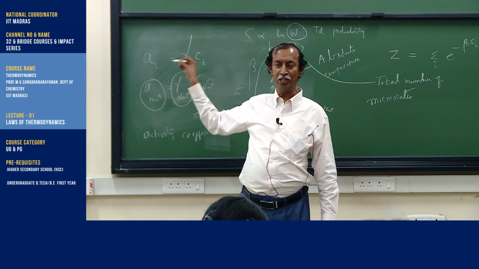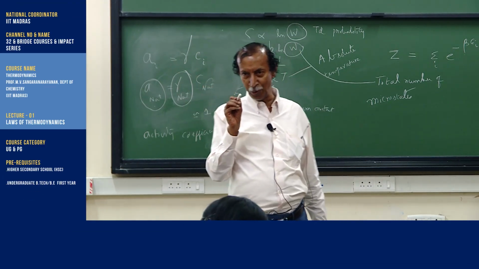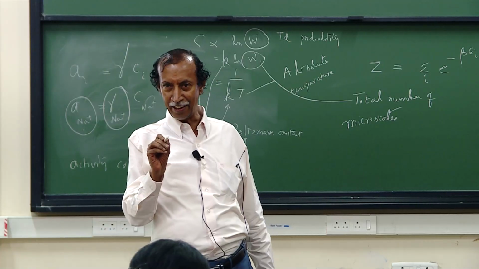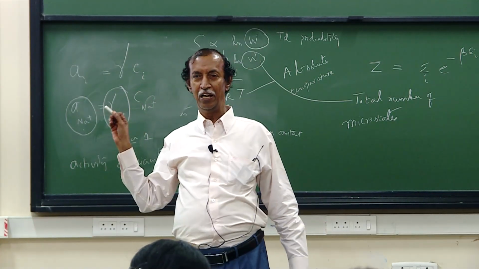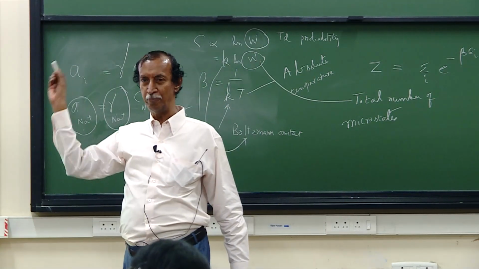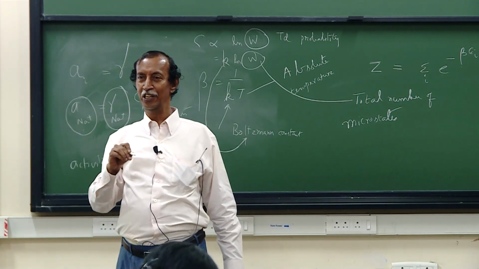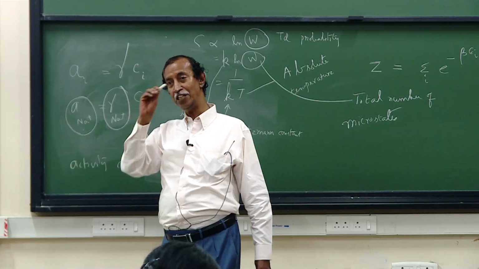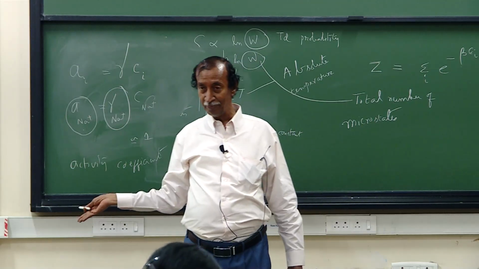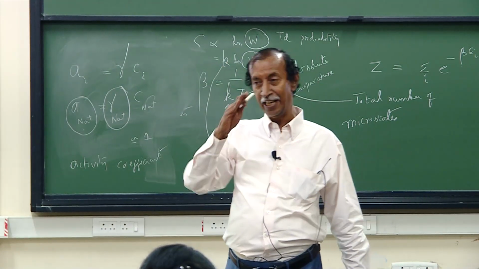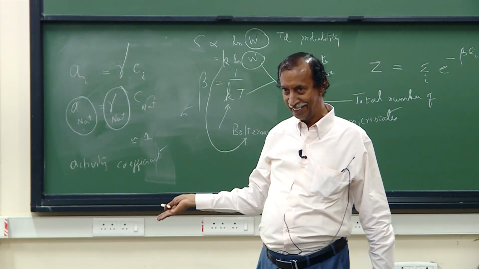Sir, why are you telling this now? Because your mu, strictly speaking, should contain activity rather than concentration. Fugacity rather than pressure. We wrote P, but that P itself is not correct. You should know the fugacity, which has a fugacity coefficient. In liquids, you should put the solution concentration, which is again related to activity.